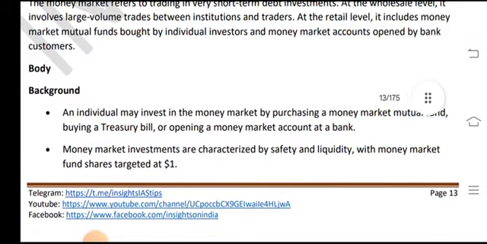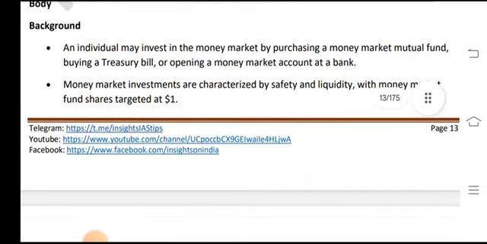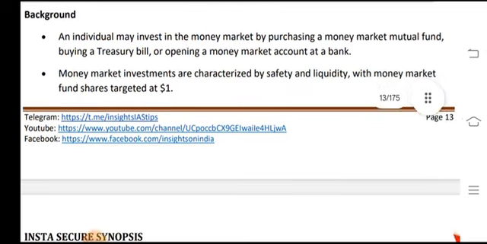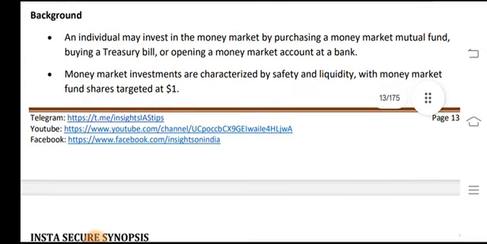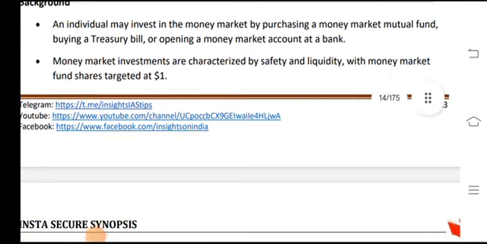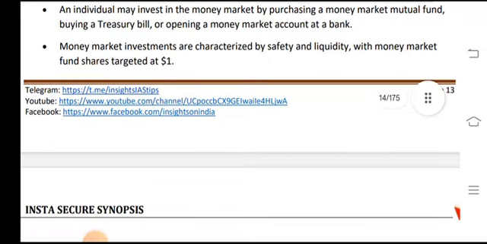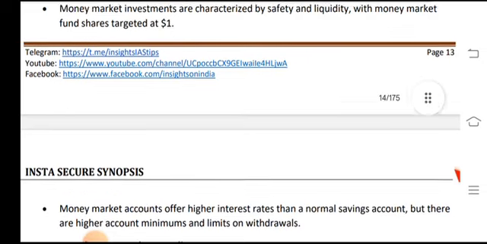Individuals may make investments in the money market by purchasing money market mutual funds, buying treasury bills, or opening a money market account at a bank. Money market investments are characterized by safety and liquidity, with money market fund shares targeted at one dollar.